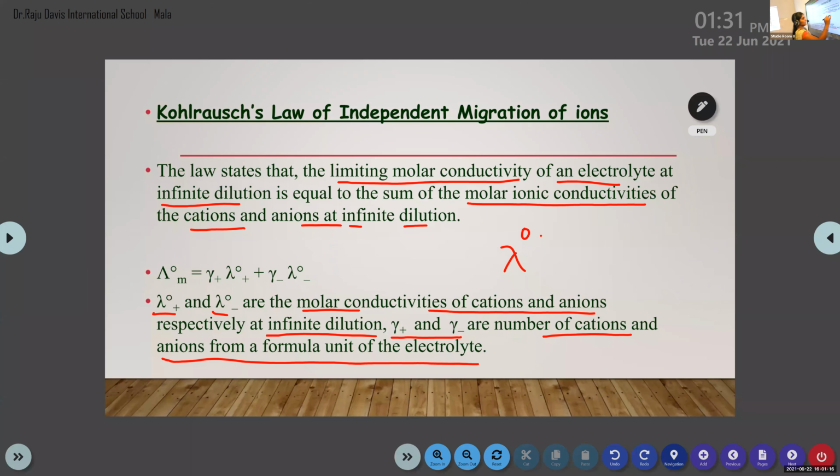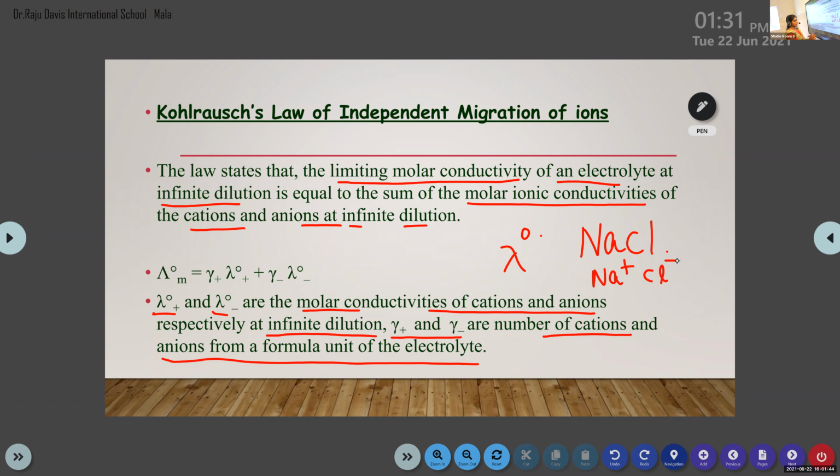So in the case of NaCl, an example of an electrolyte, which one is the cation? Emmanuel, which one is the cation from NaCl? Na. Yes, Na plus, and Cl minus is the anion.